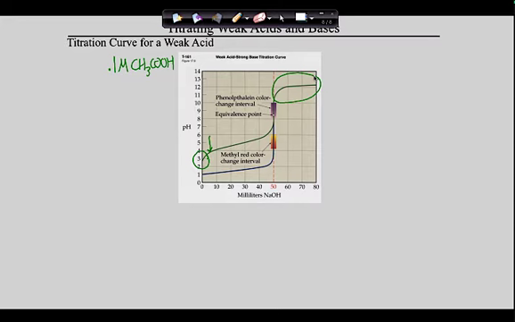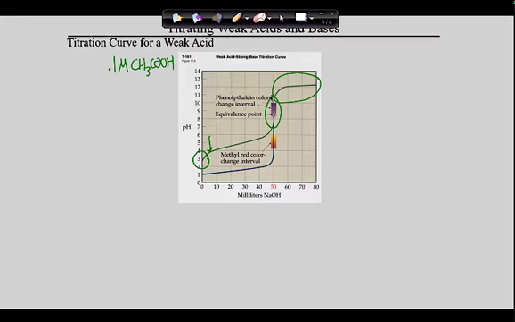Oh, good for you. I love that change interval. So guys, look at what's going on near equivalence. At equivalence in the weak titration, you'll notice that the vertical section caused by that last necessary drop to reach equivalence is much shorter.